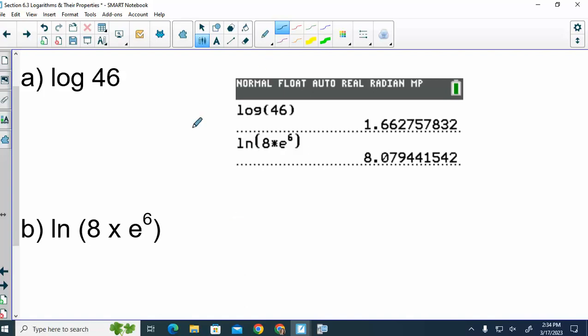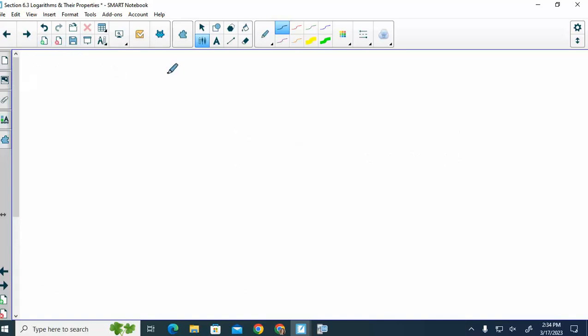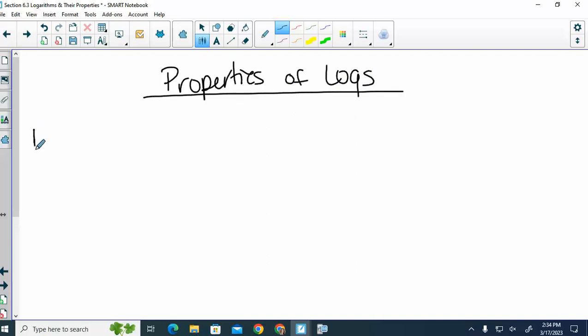All right, last thing that we need to talk about today are properties of logs. First one is the product property.